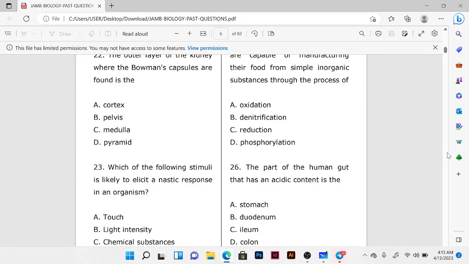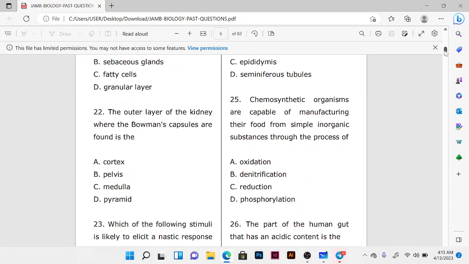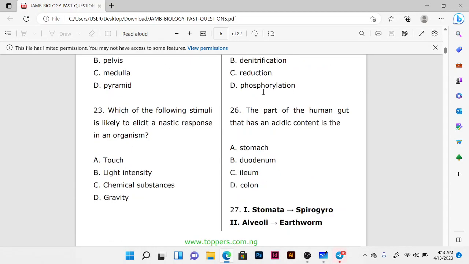The question is question number 26. That's the one we'll be treating now. The question says, the part of the human gut that has an acidic content is the dash.